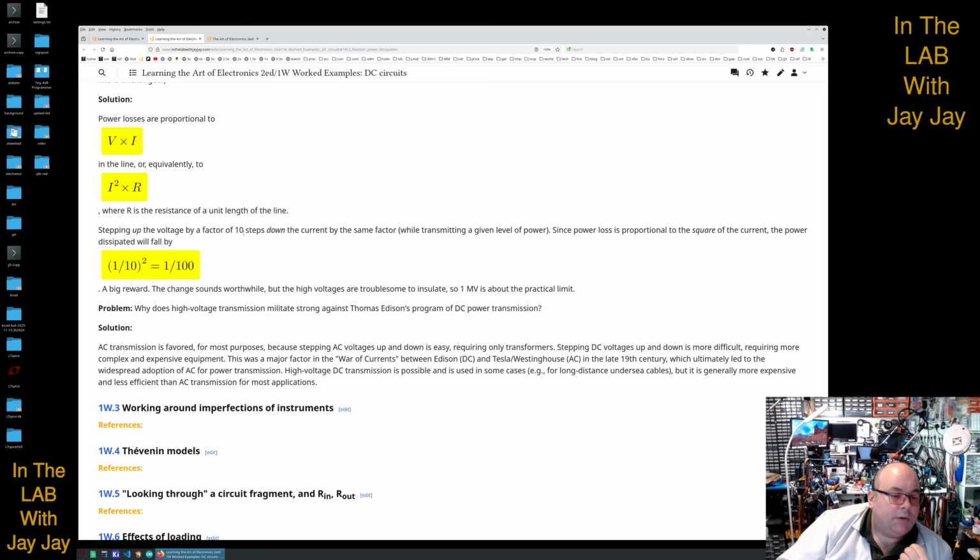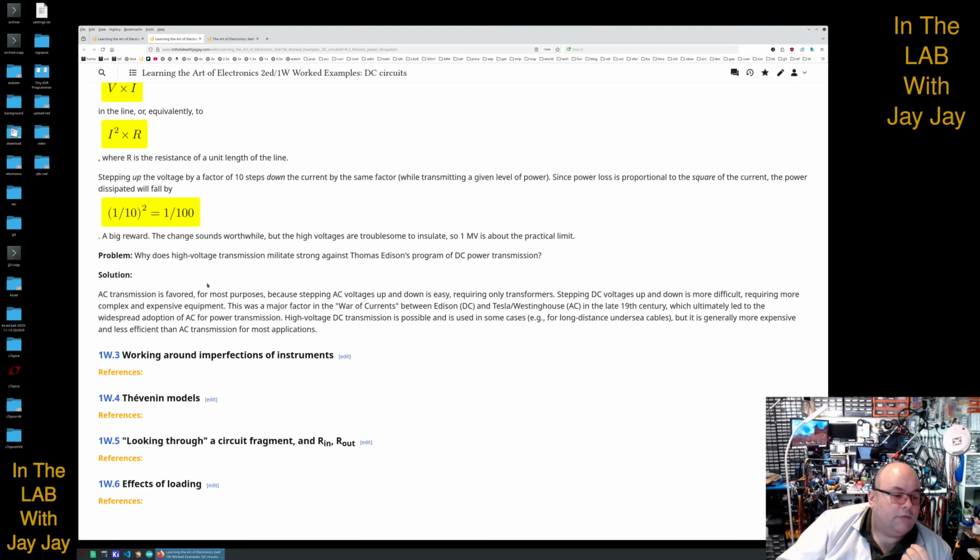Stepping up the voltage by a factor of 10 steps down the current by the same factor while transmitting a given level of power. Since power loss is proportional to the square of the current, the power dissipated will fall by 1 on 10 squared, which is 1 on 100, a big reward. The change sounds worthwhile, but the high voltages are troublesome to insulate, so 1 megavolt is about the practical limit.